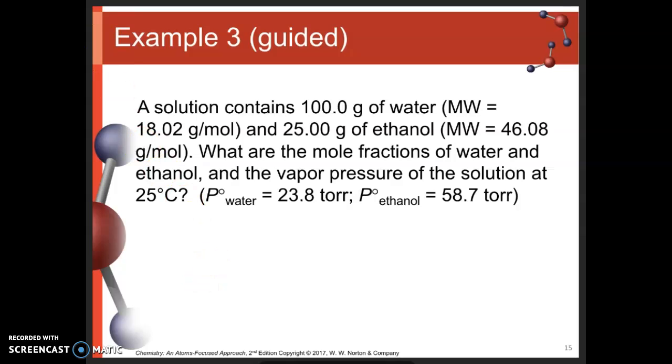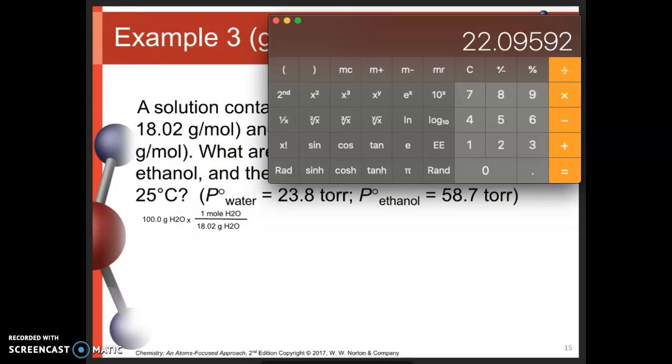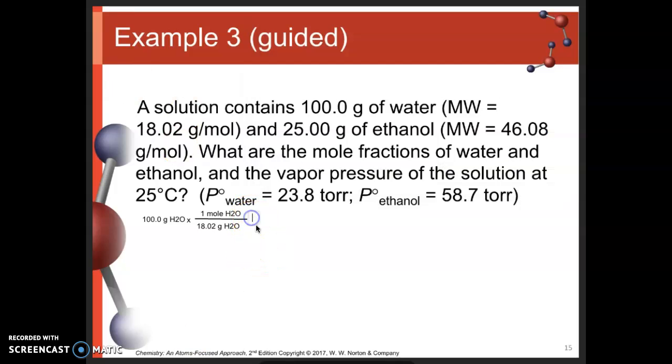So our first step is we need to figure out mole fractions. For mole fractions, start with our 100 grams of water, and we're going to convert that using 18.02 grams of water in 1 mole of water. 100.0 divided by 18.02 is 5.549 moles of water.